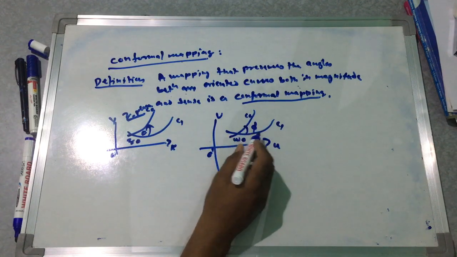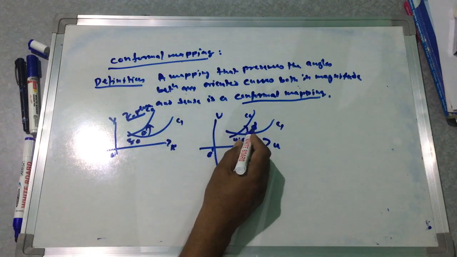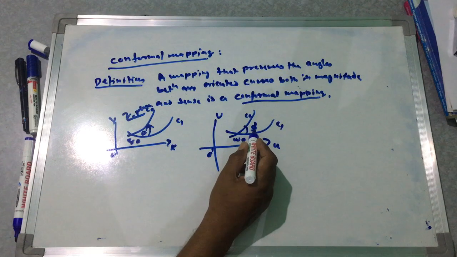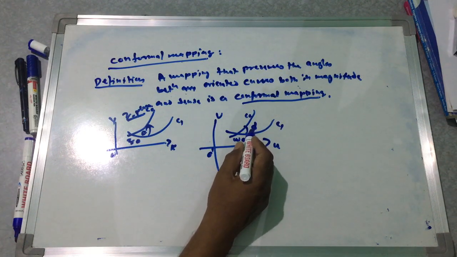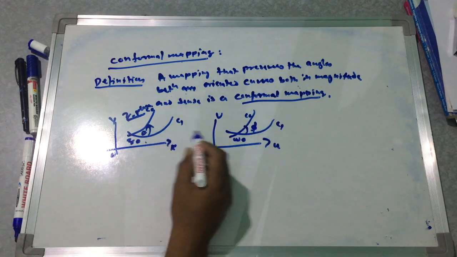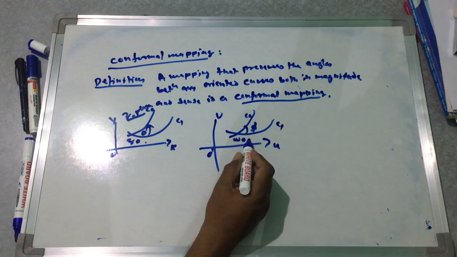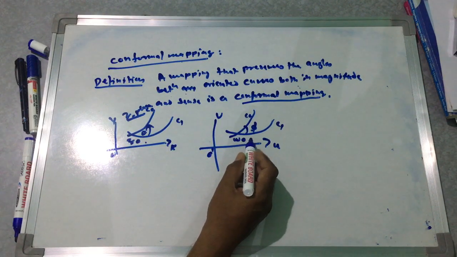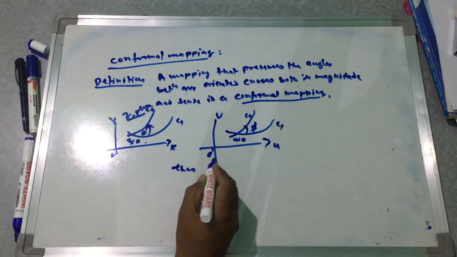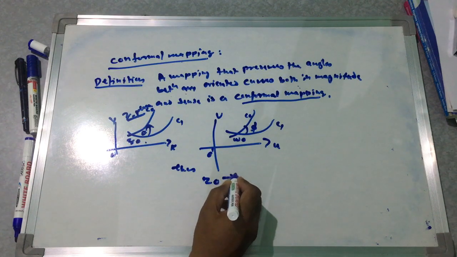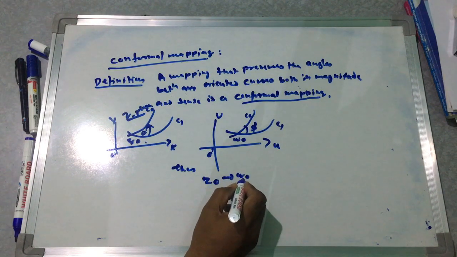This is U, this is V. This is theta, this is phi. So they are intersecting at the point Z0 here, and intersecting at the point W0 here.